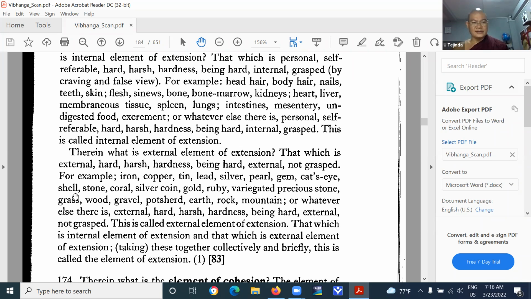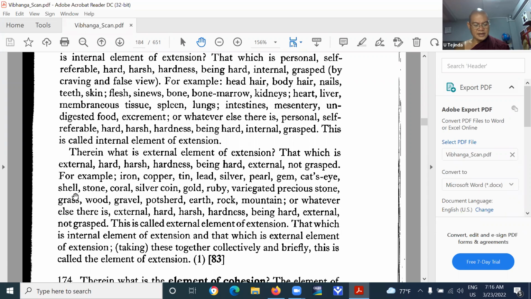All these are hard. Rajata, silver coin. Jatarupa, gold. Jatarupa, Rajata, we say. The Lohitanka, that is ruby.